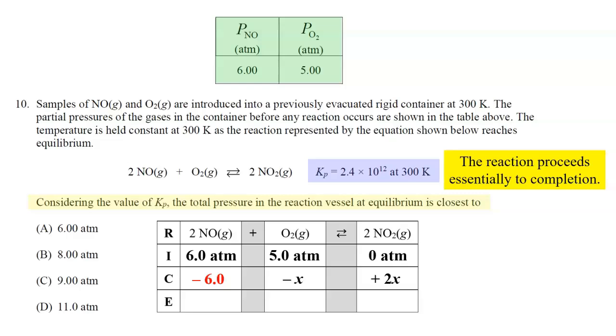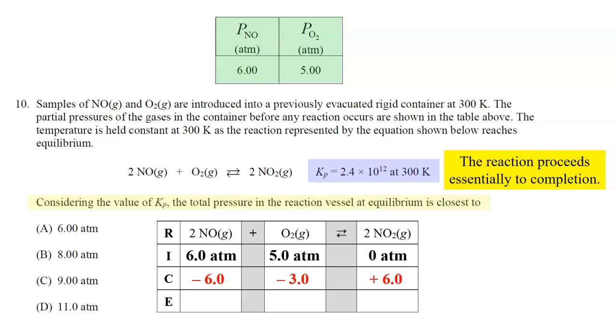So while the partial pressure of nitrogen monoxide would decrease by 6 atmospheres, the partial pressure of oxygen would decrease by half as much, which would be 3 atmospheres. And since the nitrogen dioxide, or the NO2, the product, has the same coefficient as the nitrogen monoxide, the reactant, then its change would also be 6.